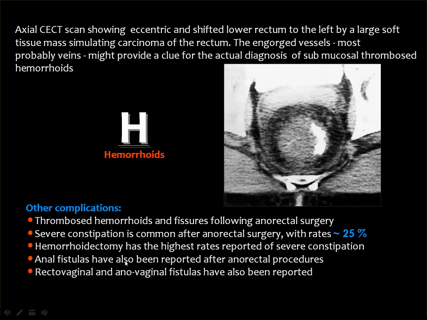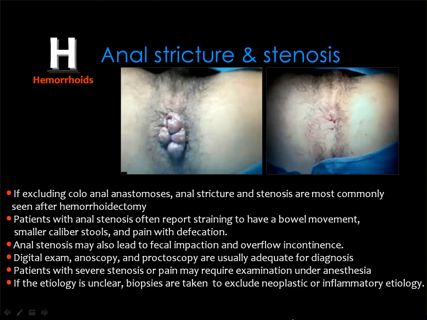Anal fistula may be reported. Rectovaginal and anovaginal fistulae may also be reported. And finally, another complication is anal stricture and stenosis. And if you exclude coloanal anastomosis, anal stricture and stenosis are most commonly seen after hemorrhoidectomy.